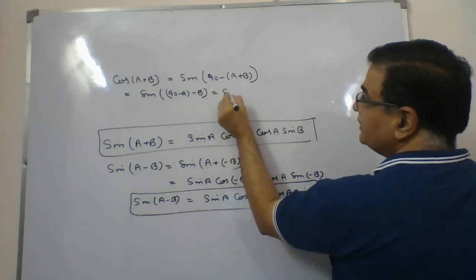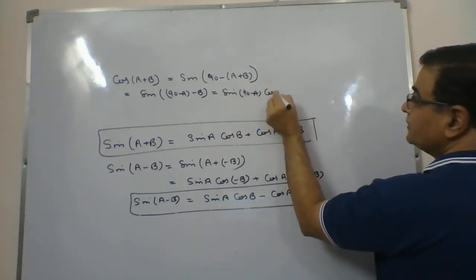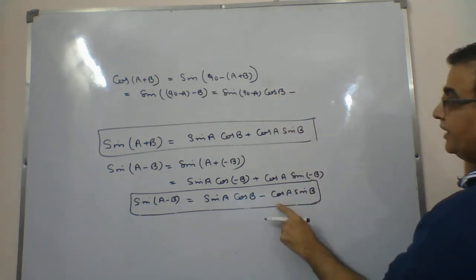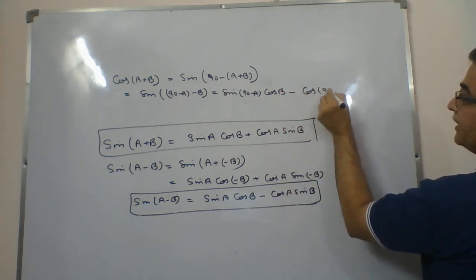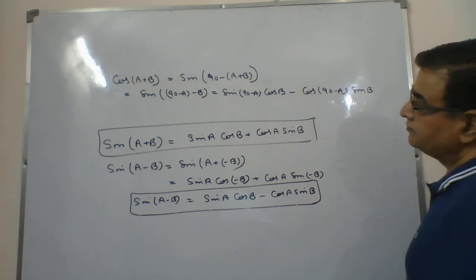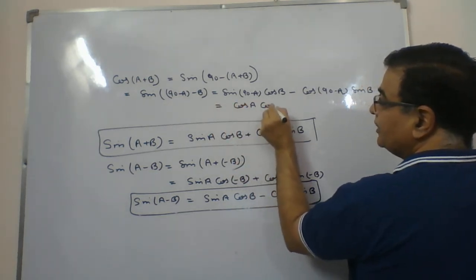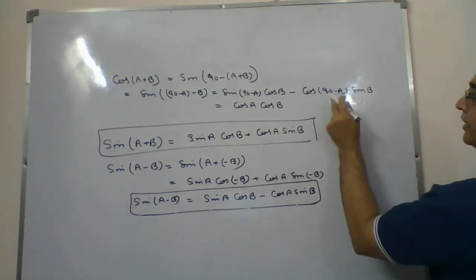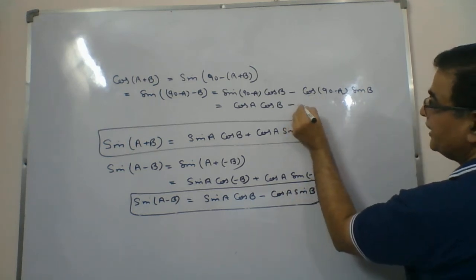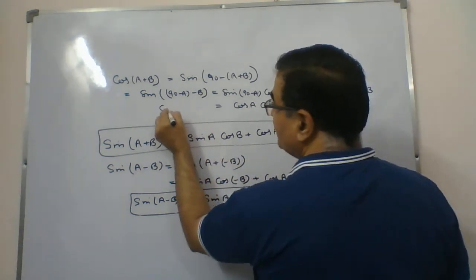So I apply this formula: sine of 90 minus A, cos of B, minus cos of 90 minus A, sine of B. Sine of 90 minus A will be cos of A, so this will be cos A cos B. Here it's cos of 90 minus A: in the first quadrant all are plus, but cos will change to sine. So minus sine A sine B. This is the formula of cos A plus B.